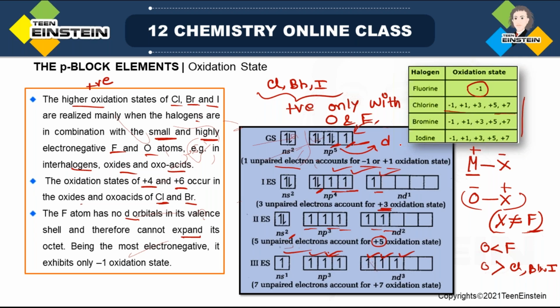So that is the reason we cannot have the higher oxidation state. And another reason which is most important, as it is the most electronegative in the whole periodic table, how can it show positive oxidation state? So that is why only one oxidation state is possible for fluorine, and which is minus. Fine. So is there any doubt in the discussion of oxidation state for halogens?